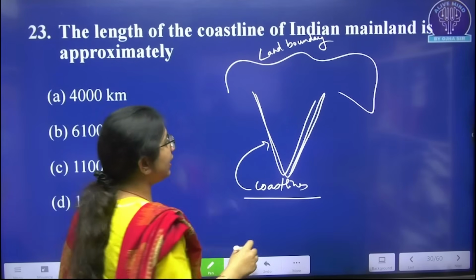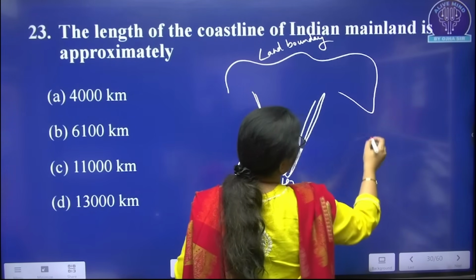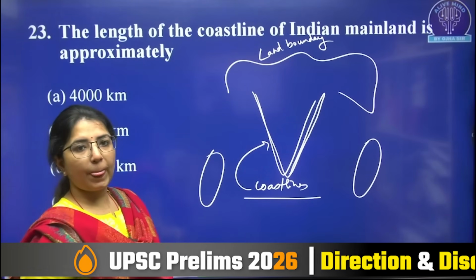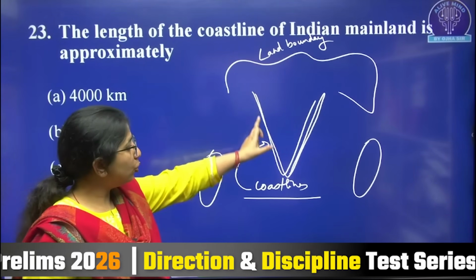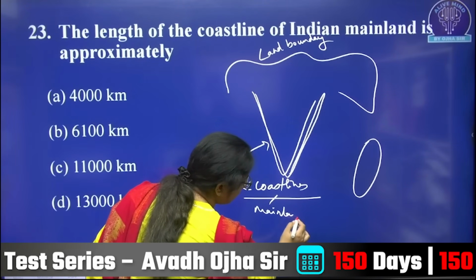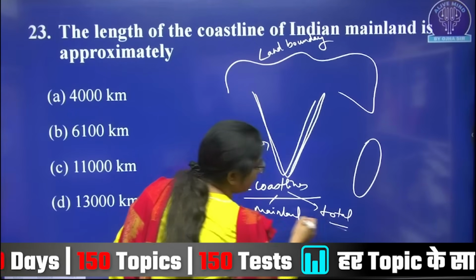The third thing they'll ask you, total land boundary. This means this. Coastline means coastline of the mainland and the coastline of the, that means India, total coastline.